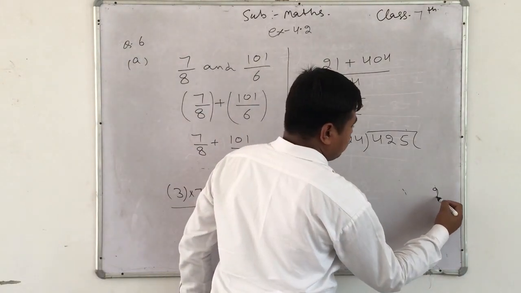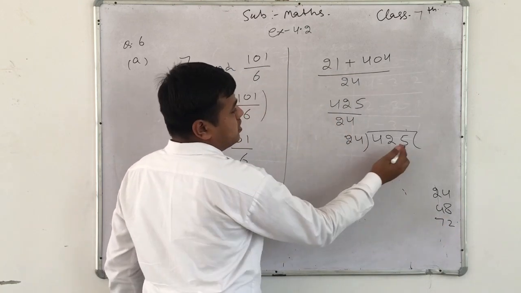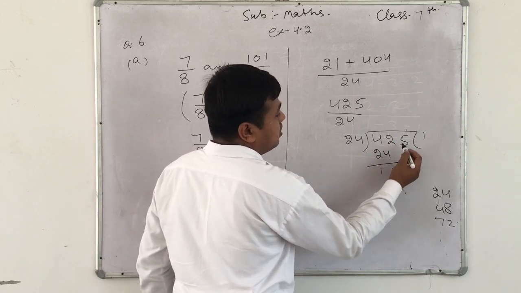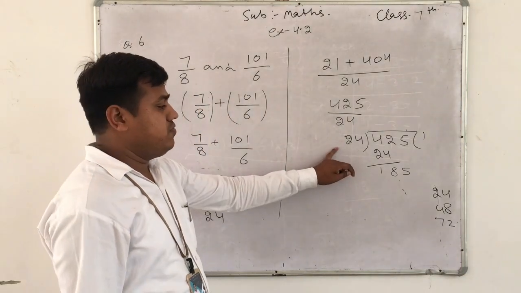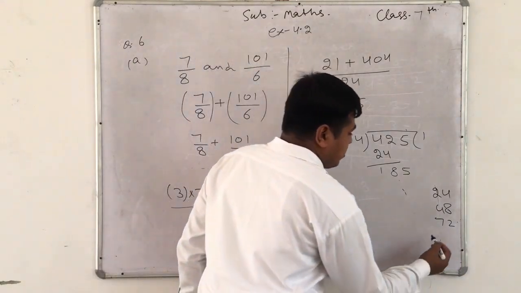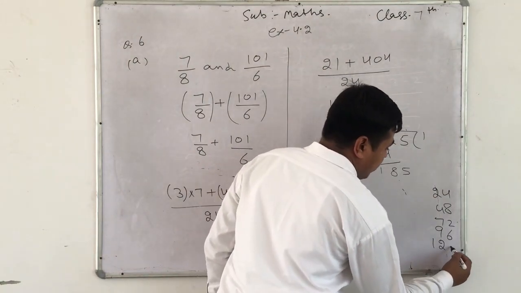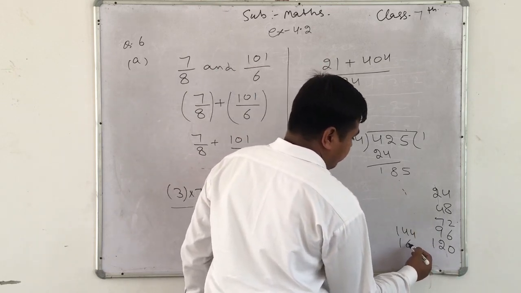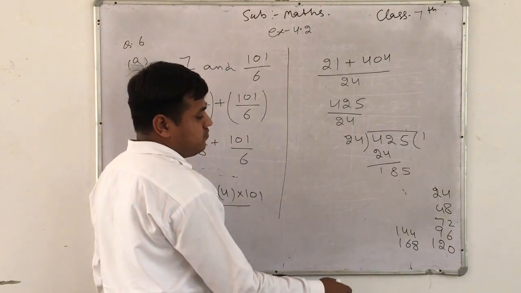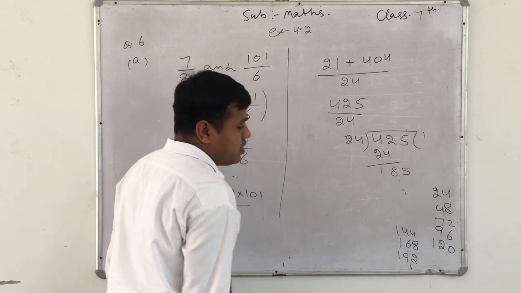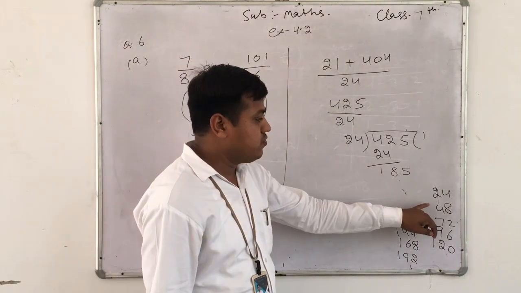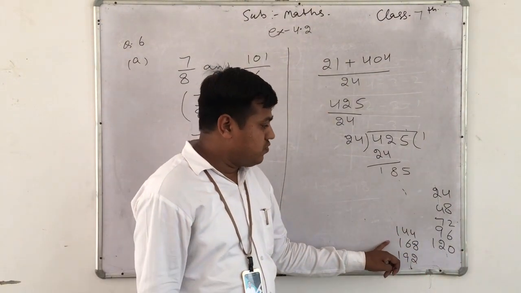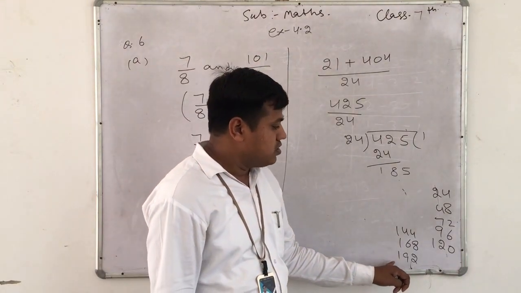We can write the table of 24: 24, 48, 72, 96, 120, 144, 168, 192.